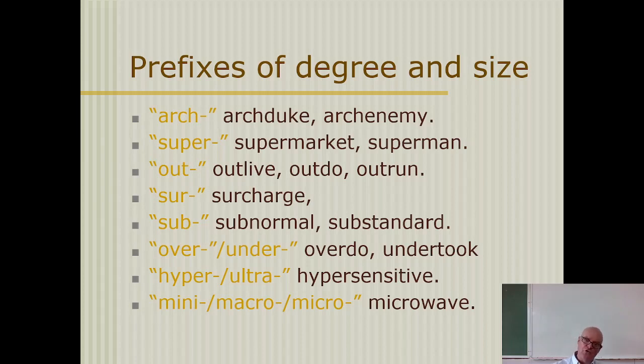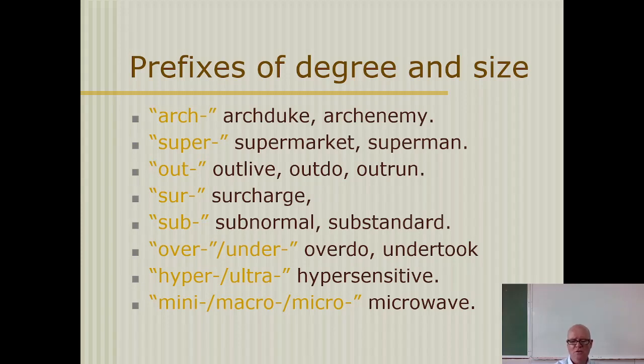Surcharge is that you pay an additional fee, money, for a service, for a product. Subnormal, substandard. Substandard in this case means that it is not of the best quality. Yeah? Alright.